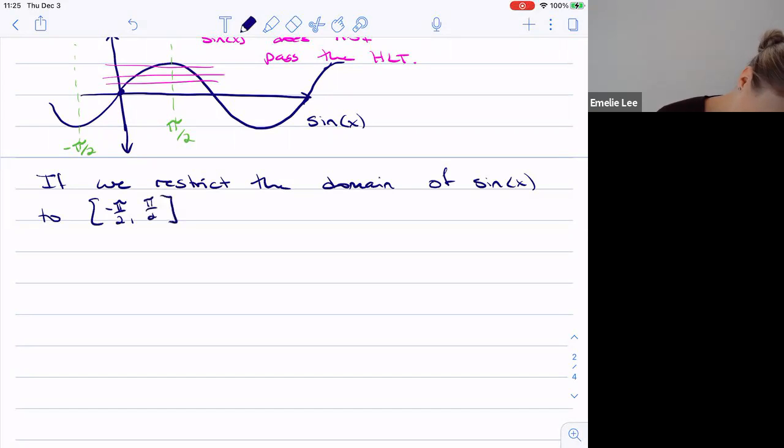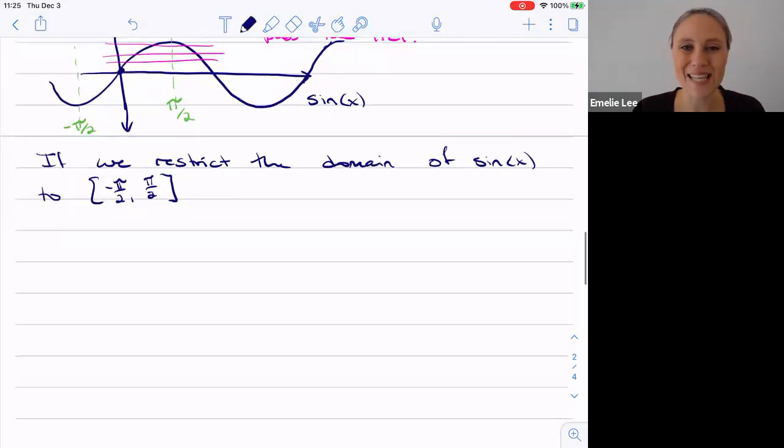-π/2 to π/2, including those endpoints. We see that the restricted function is one-to-one.